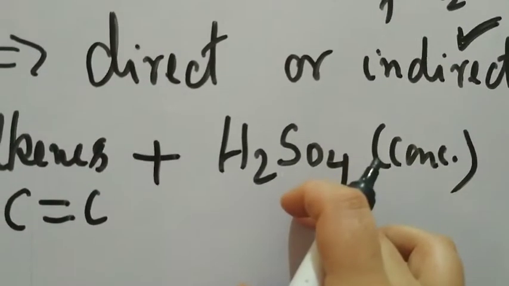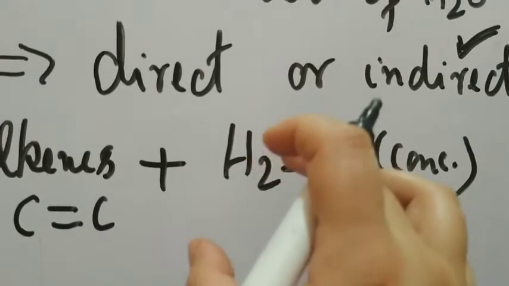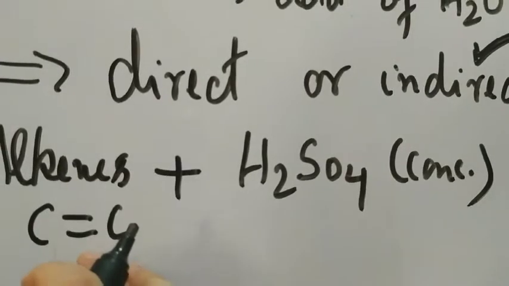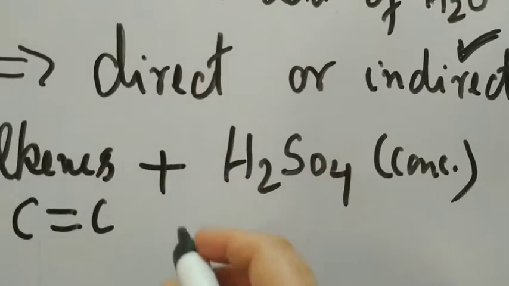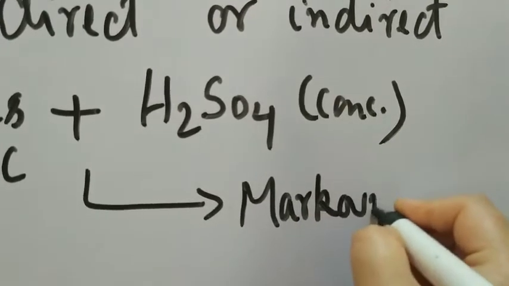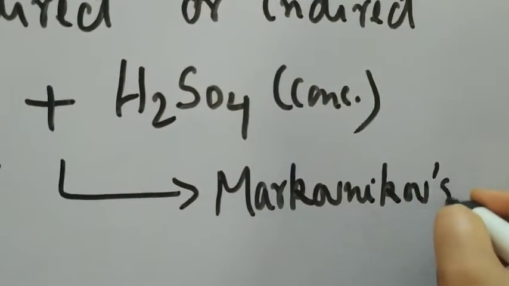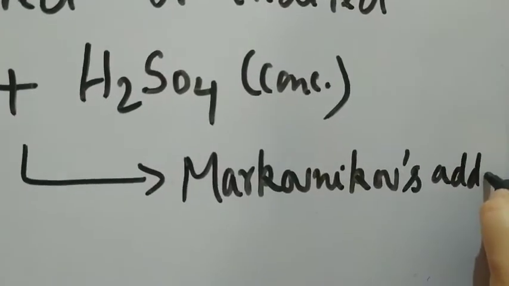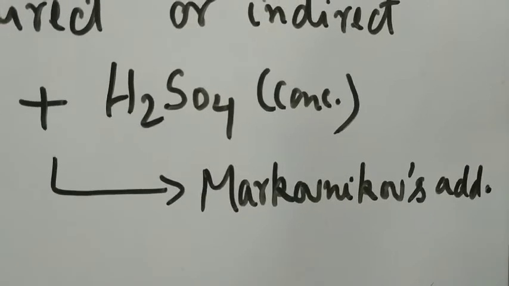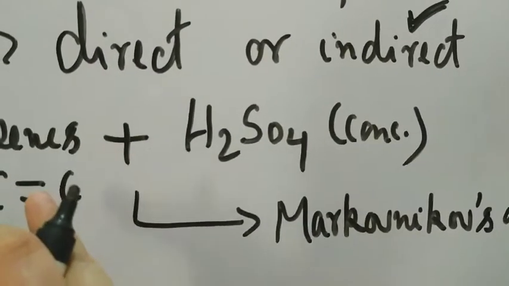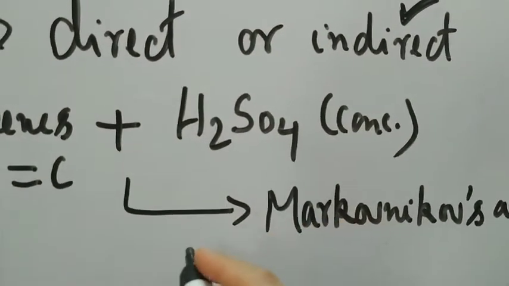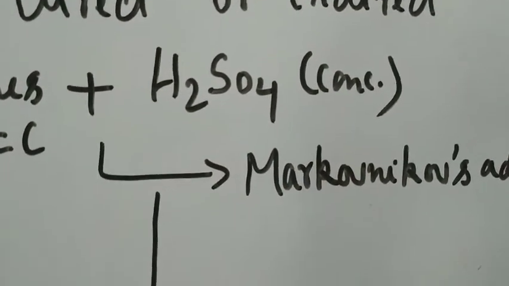In case of symmetrical alkenes, no problem. In unsymmetrical alkenes, we have to be careful that the addition should always be a Markovnikov's addition. It should take place as per Markovnikov's rule. We'll see what that is if any one of you does not know or remember it.